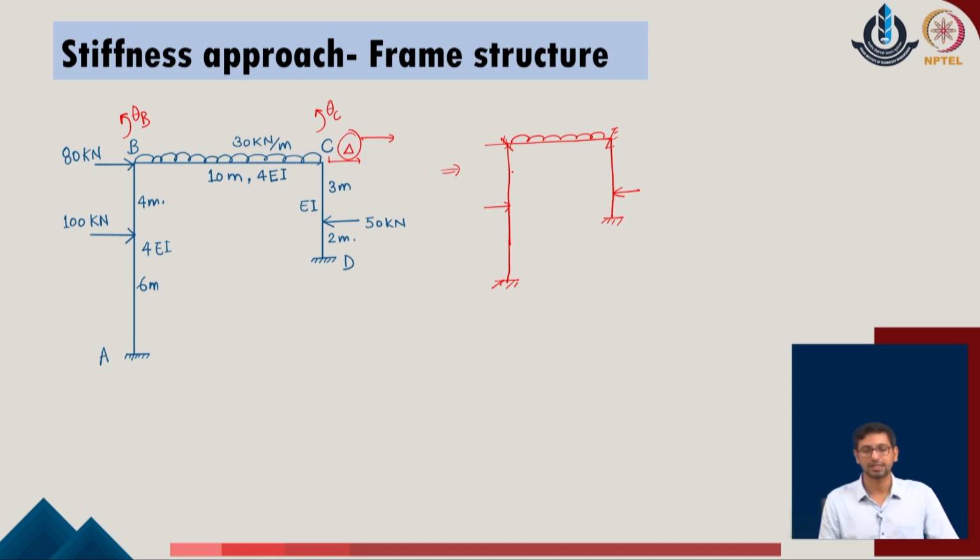Now, in order to define these end reactions, what one can easily do, we can calculate these values over here, that with respect to the 100, which is the amount of the force over here, I can consider the given system in this manner as a simple fixed ended member, and I can calculate that there is a load which is active at one position 4 meter from the left and 6 meter from the right side of the given loading on the system.